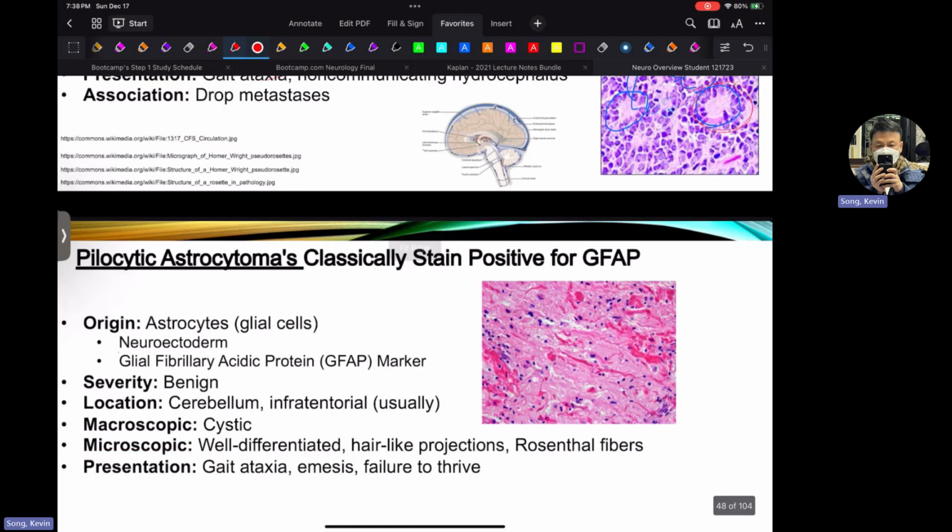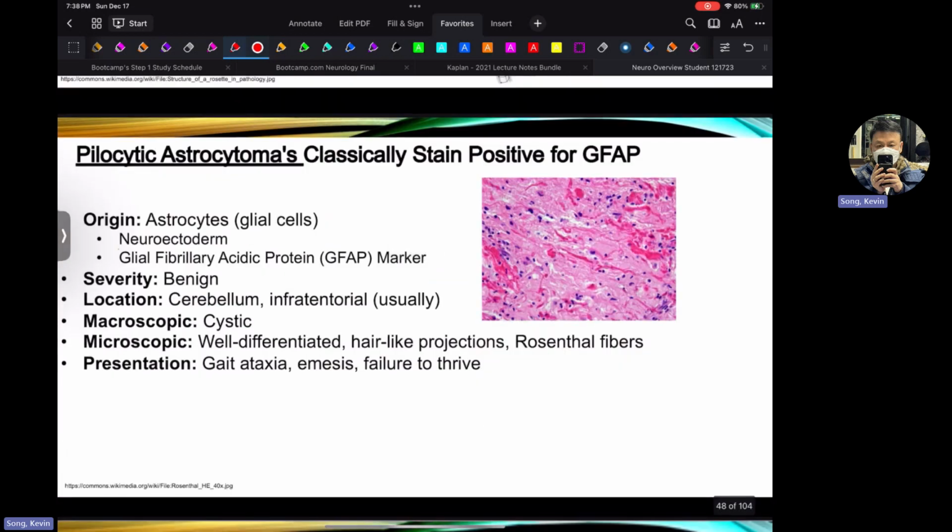Okay, and then pilocytic astrocytoma. In the name, it's kind of easy to understand. Astrocyte. Astro, like some kind of space things, right? But astrocyte is actually a glial cell in the CNS, in the brain.